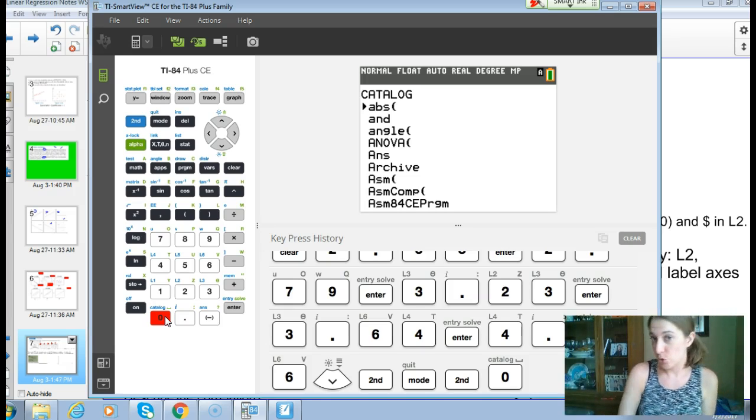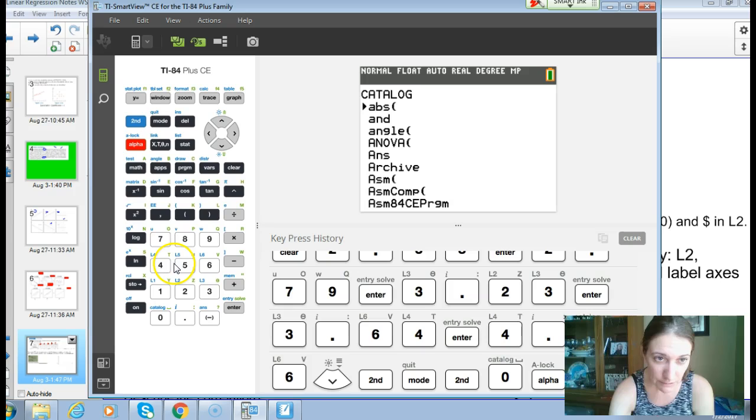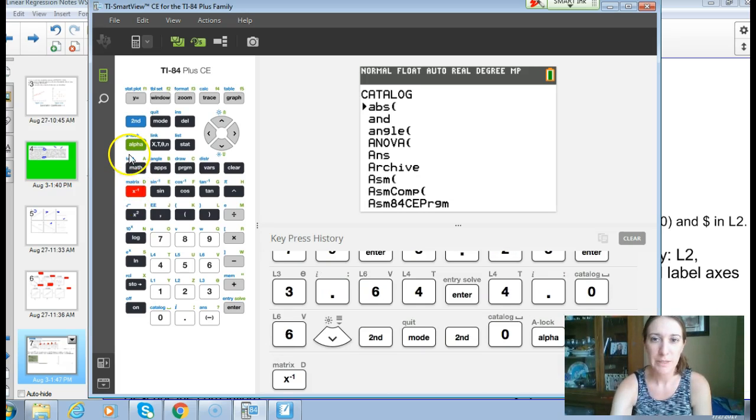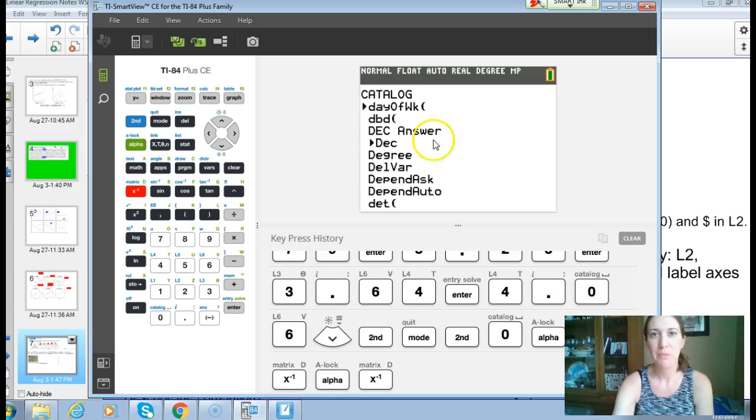So you could scroll for a while, or you could have it jump to the D's by doing alpha and then D, which is right there, the inverse key. Oh, or not. Oh, for Pete's sake. Alpha. Here we go.